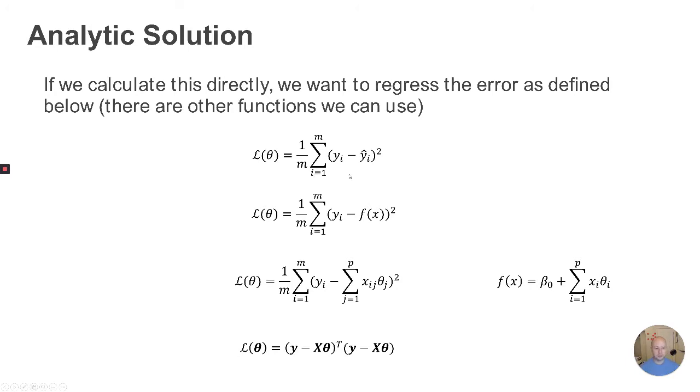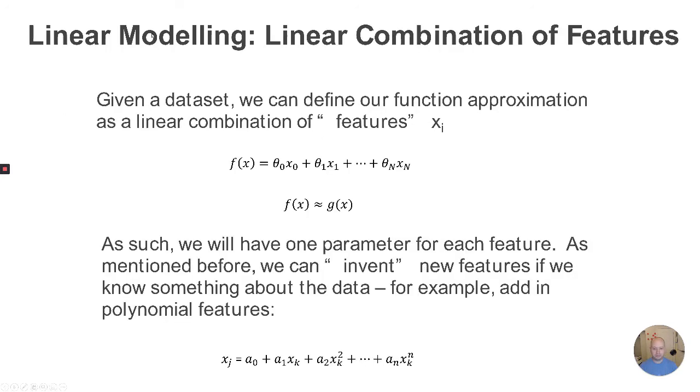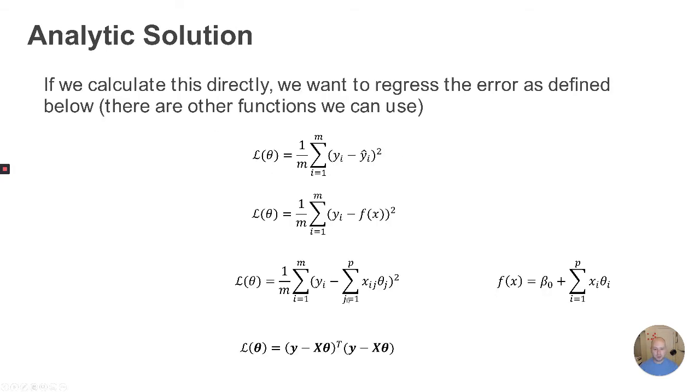The mean squared error is equivalent to the sum of every y value minus the approximation of y. If you think of f of x as a way to approximate or predict what a potential value of y would be given these thetas, then yi minus y is just the distance between these two points.